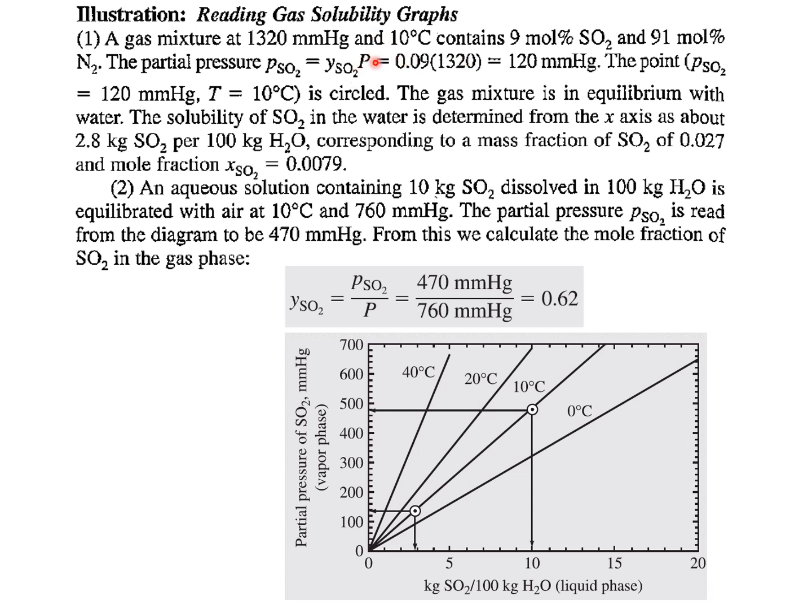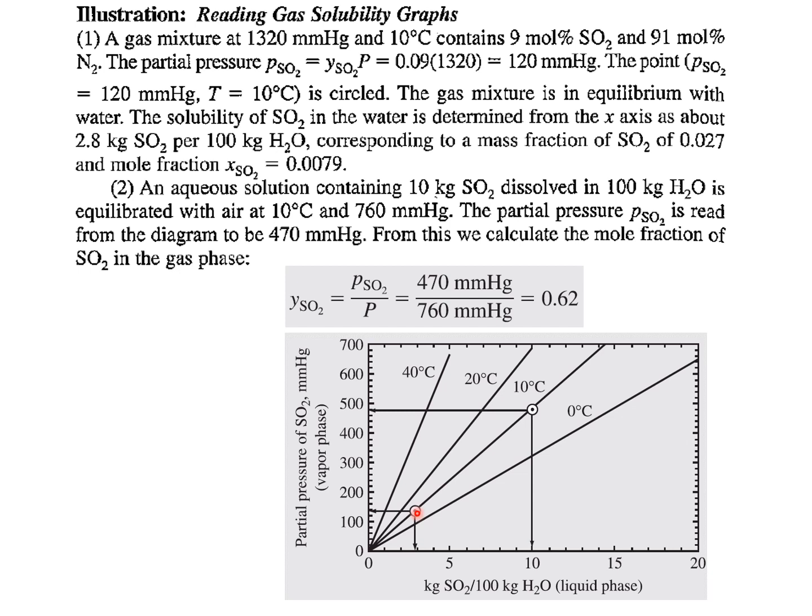Then the pressure is equal to 120 mmHg. It means this is the y-axis point, and 10 Celsius degree indicates the isotherm curve. So the starting point is 120 mmHg, and the horizontal line goes to the 10 Celsius degree isotherm here.